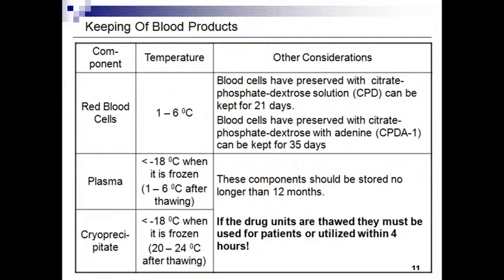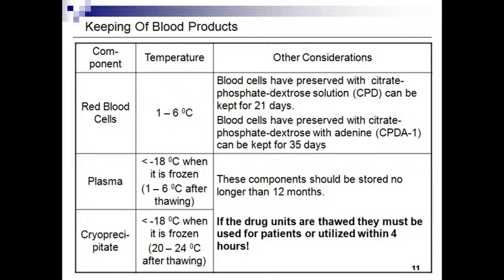Blood cells are preserved with citrate phosphate dextrose solution, abbreviated CPD, and can be kept for 21 days. If the blood cells are preserved with CPDA1 solution, they can be kept for 35 days.